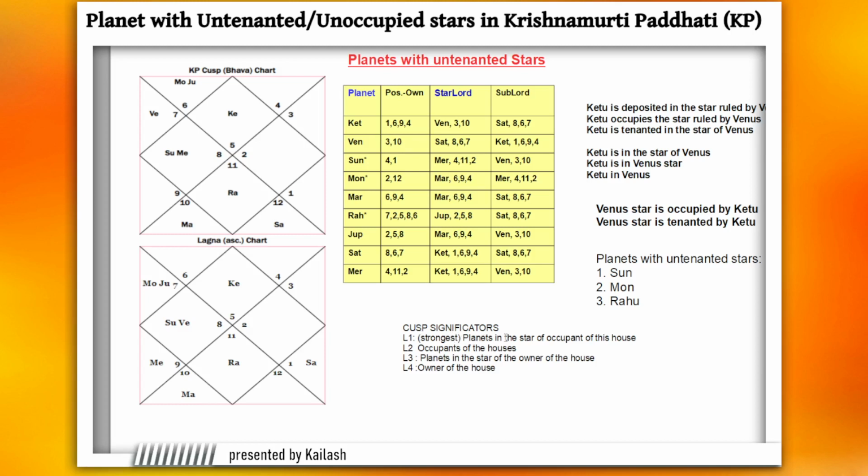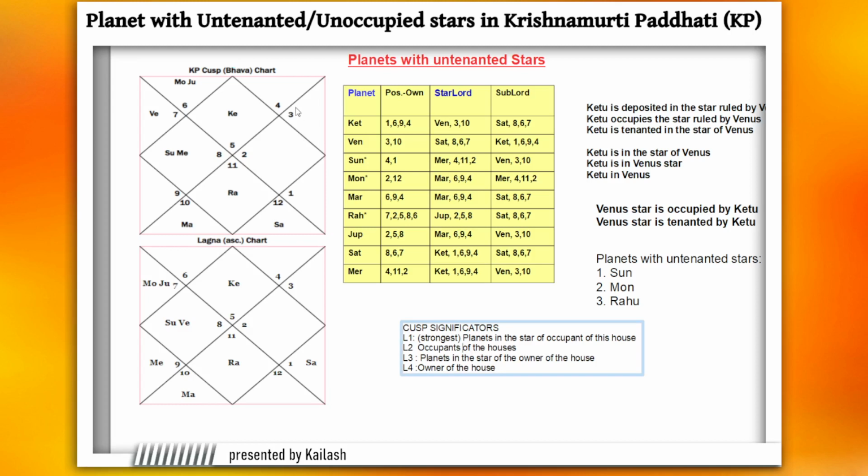The strongest, L1, is the strongest planet in the star of the occupant of this house. So if you look at the 12th house, you find that there is no planet, so rule number 1 or L1 is not applicable here.